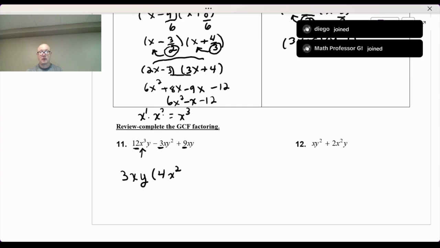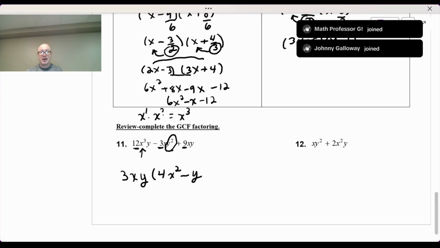Okay, to get the middle term, I'm going to take the minus. Well, I already have a 3, so that's good. My x's are the same, so that's good. The only thing I need is a y squared, so I'm going to have to multiply this by y to get me the middle term here.